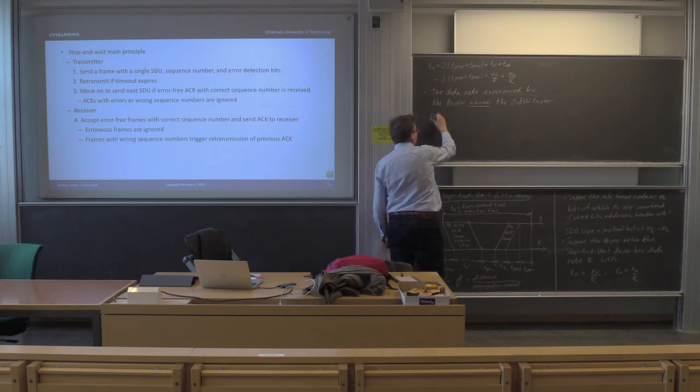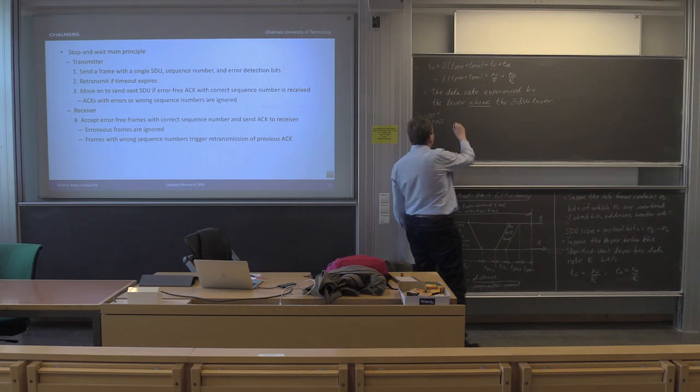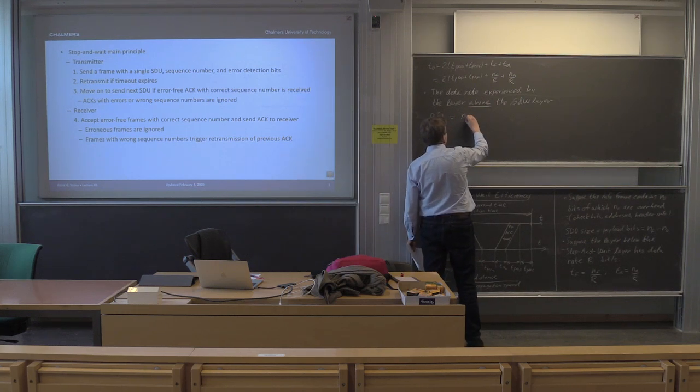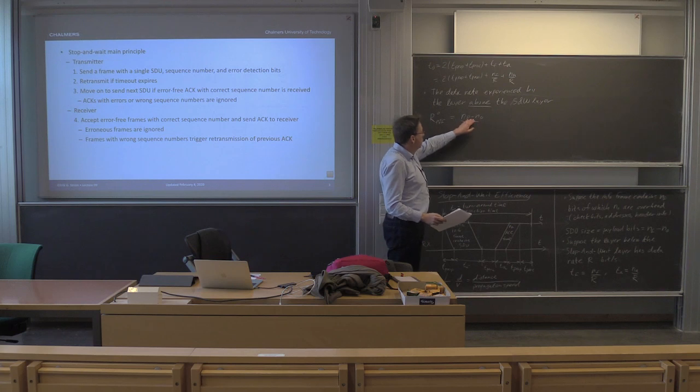And we put a 0 here also for notation, meaning that there are no errors in the frames or in the ACKs. So this is the best we can hope for. And it turns out that this is (NF minus NO) divided by T0. So this is the number of bits in the service data unit that we got from above. This is the time it takes to deliver this.